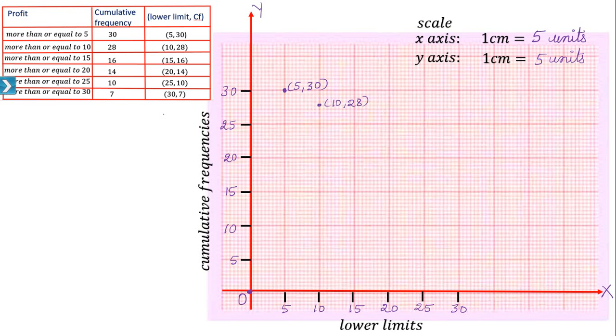The next point is 15, 16. That is 2 lines above 15 along the y axis is 16. 16 is here, that is 15, 16. Now, the next point is 20, 14.